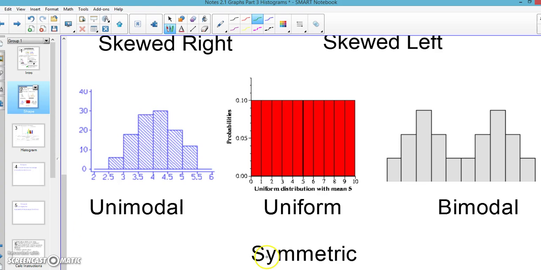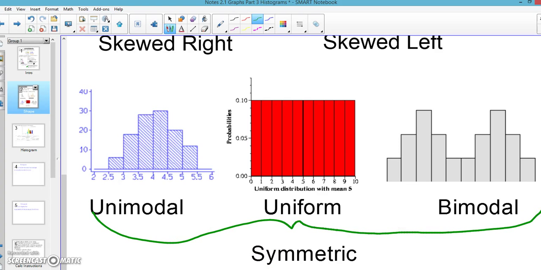That's the symmetry part. You have uniform, in which all the bars are exactly or approximately the same height. Okay, so you still have that symmetry around the center. The center of 5 in this case, the left and right side are mirror images of one another. And then you also have the possibility of a bimodal symmetry, meaning where you have 2 peaks, but they're still symmetric around the center.